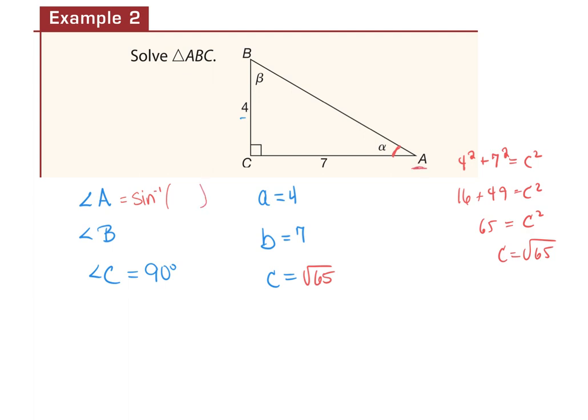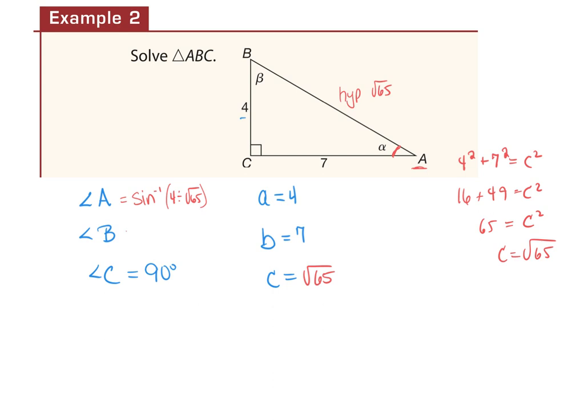If this is A, what am I going to put into my calculator? Sine is what 2 sides? Opposite over hypotenuse, which we just figured out was the square root of 65. So in your calculator, you would say inverse sine of 4 divided by square root of 65, right?